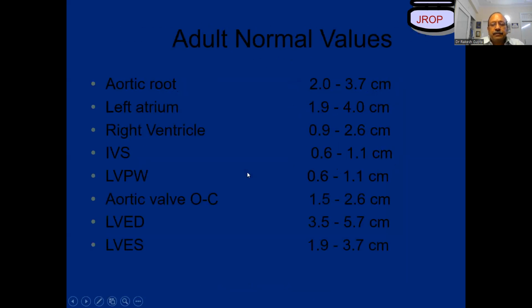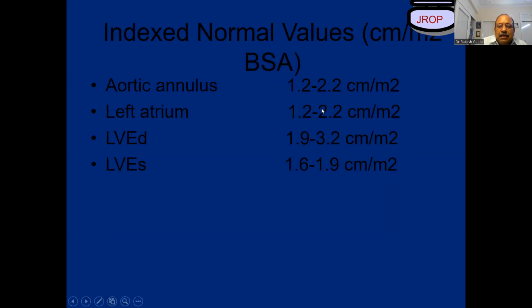Now let's talk about the values. Look, LA is 22 millimeter per meter square body surface area, or 2.2 centimeter per meter square. That's the maximum. LV is 32 millimeter and 20 millimeters per meter square body surface area. A very simple principle is you divide 32, make it 33.